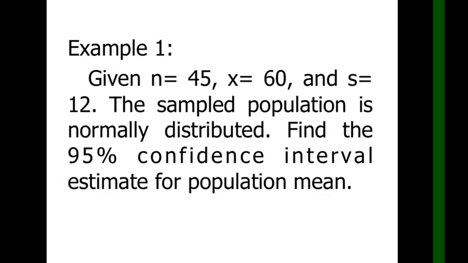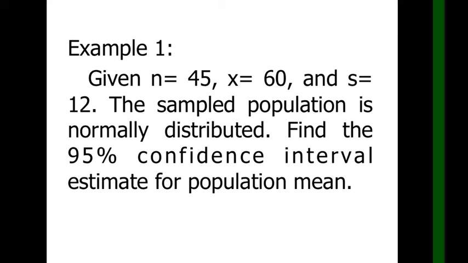Now, let's have the problem solving. This will be now the combination of the two, computing the margin of error and the confidence interval. So example, given n equals 45, x equals 60, and s equals 12, the sample population is normally distributed. Find the 95% confidence interval estimate for population mean. Okay, first write the given.